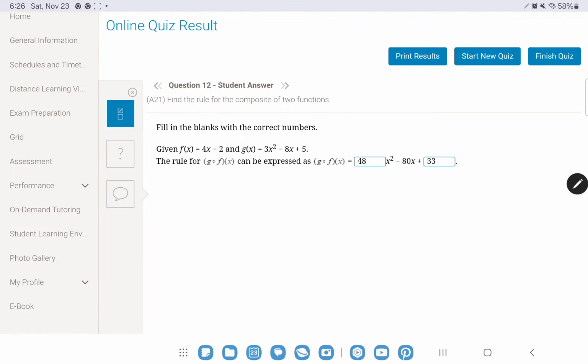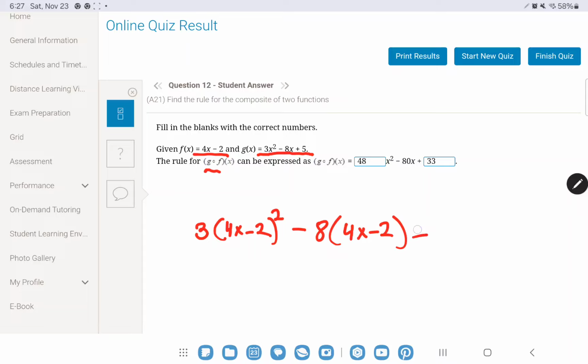Okay, here they want us to find the composite function. So they want g of f, which means you take f and put it in every time you see an x in g. So 3 times (4x minus 2) squared minus 8 times (4x minus 2) plus 5.